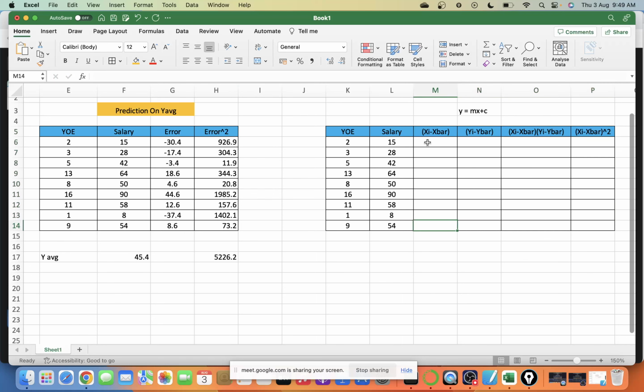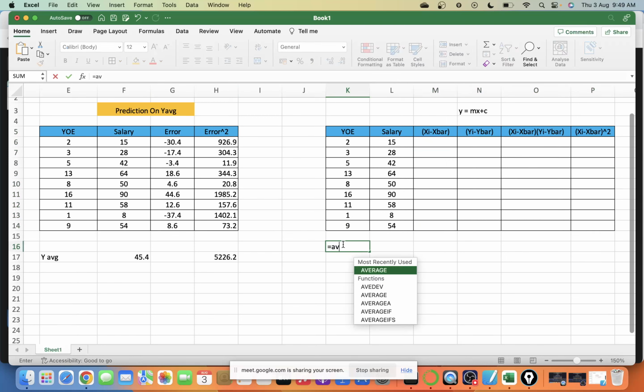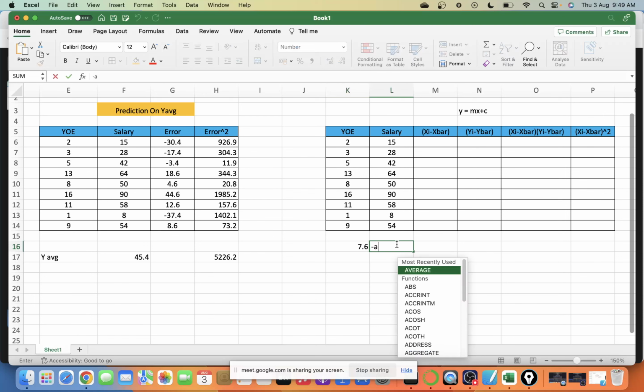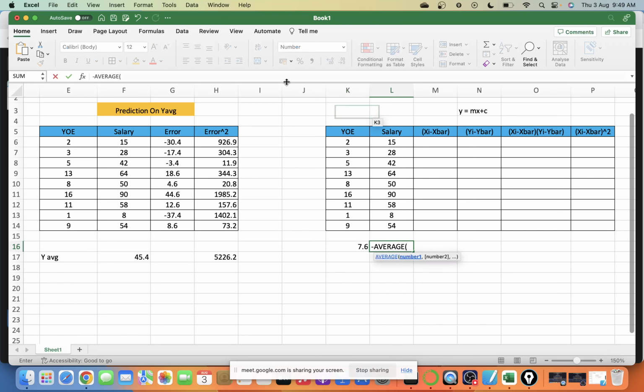Done. So let's find the x bar first of all. X bar is the average, right? Let's use the average formula. Done. Let's find the y bar. Let's put it like average.